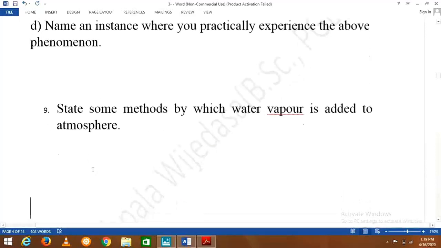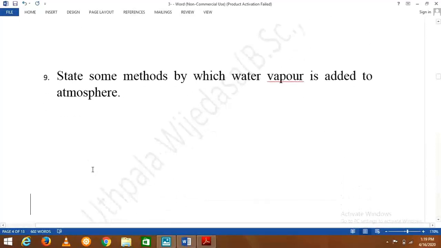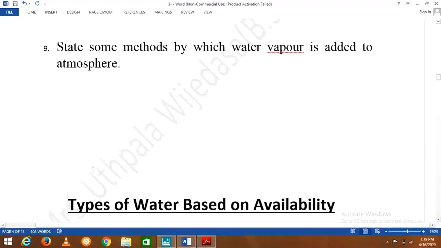Then the ninth question asks to state some methods by which water vapor is added to the atmosphere. What are the methods by which water vapor is added to the atmosphere? Yes, water vapor is added to the atmosphere from plants. That is the process we call transpiration.